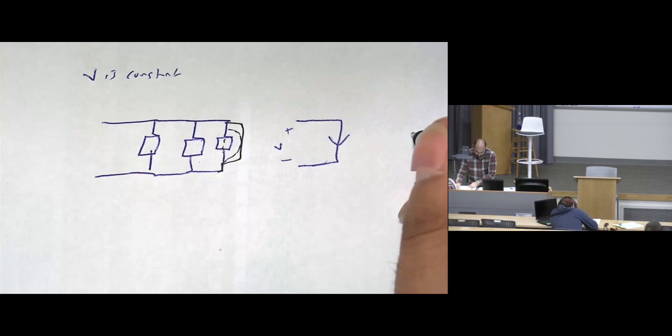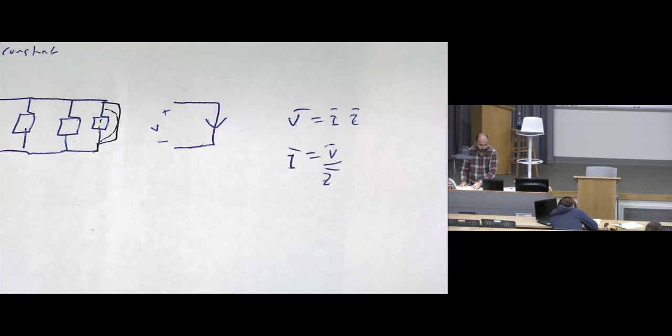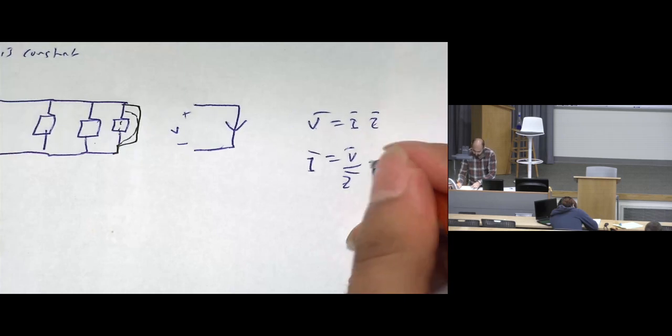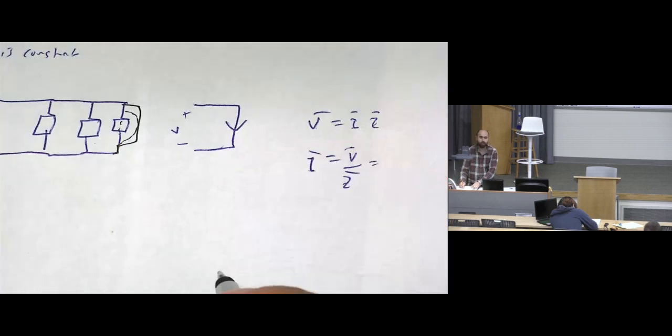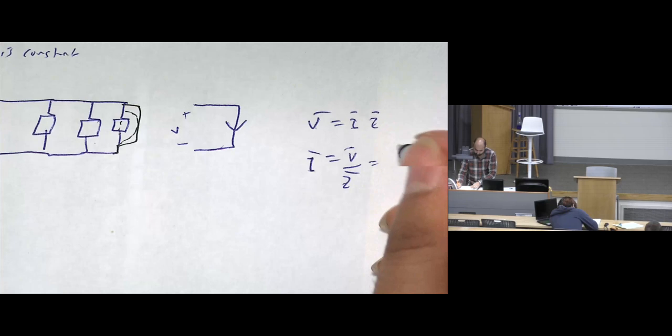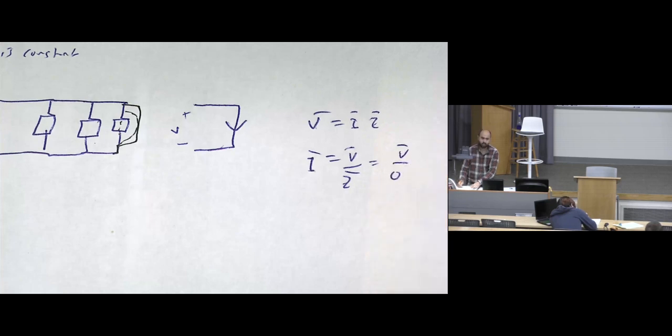And we know that V equals I times Z. V is constant, so I will be V divided by Z. So at short circuit, Z will be 0. So it will be V divided by 0. And according to mathematics, any number over 0 is what?